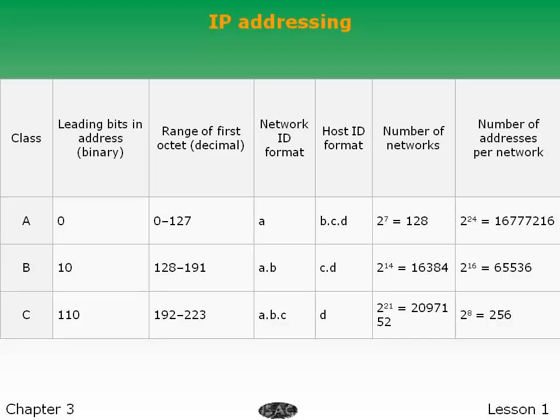Today, when needed, such private networks typically connect to the Internet through Network Address Translation, NAT. Any user may use any of the reserved blocks, any of the reserved addresses.